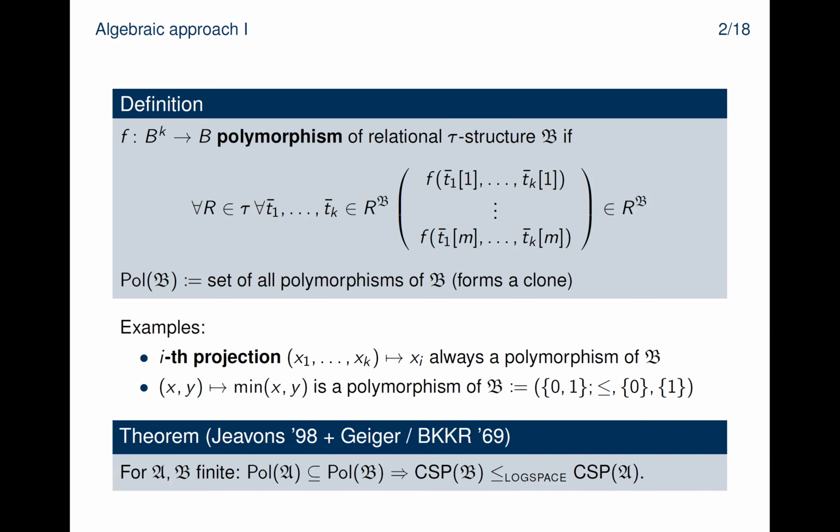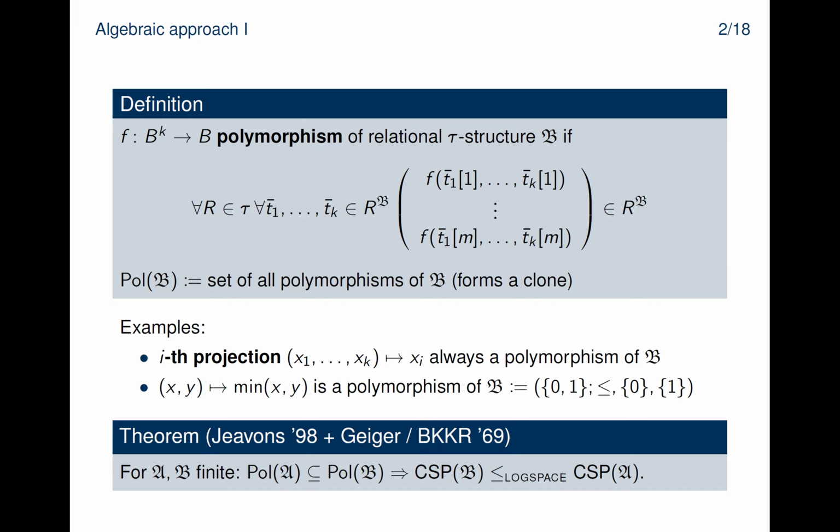There was this initial observation, part of which goes back to Jeavons '98, and part of which is much older. The observation is that if we have 2 relational structures over the same domain, such that the polymorphisms of the structure A are contained in the polymorphisms of B, which one could interpret as B having more symmetries than A, then the constraint satisfaction problem parameterized by B reduces in logarithmic space to the constraint satisfaction problem of A. And this holds for finite structures.